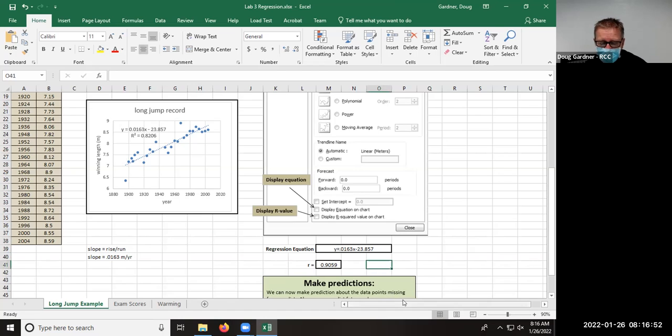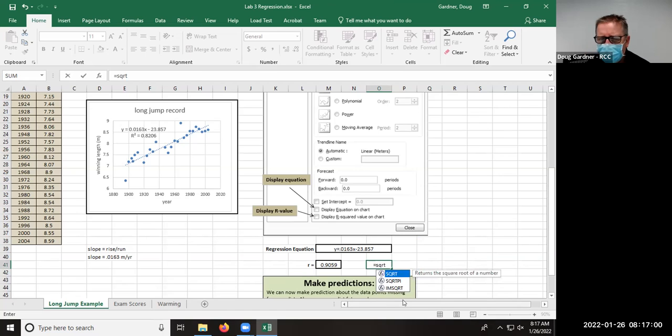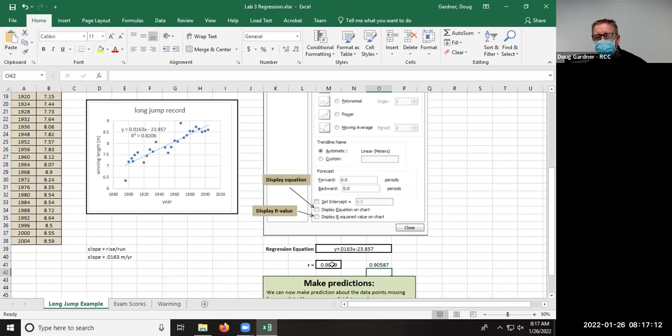By the way, you could get Excel to do this. Just as a side note, if I typed equals SQRT, that's how you get Excel to do a square root. And then if I typed what it says, 0.8206, the square root of 0.8206. So that's how I got 0.9059 for the R value.